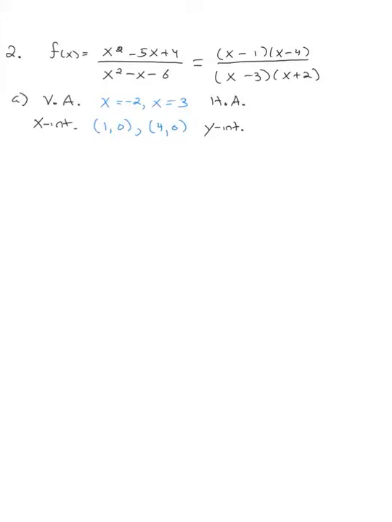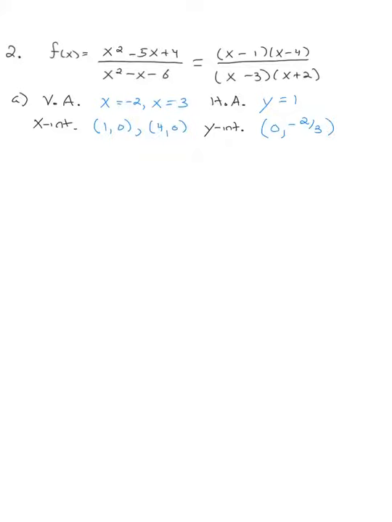And this is where I'm going to use this version of the equation. The horizontal asymptote is going to be the ratio of the two numbers that are in front of the x squared terms, which is 1 over 1, or simply just 1. And the y-intercept, if I put 0 in place of every single x, I'm left with 4 over negative 6. That simplifies to a negative 2/3.